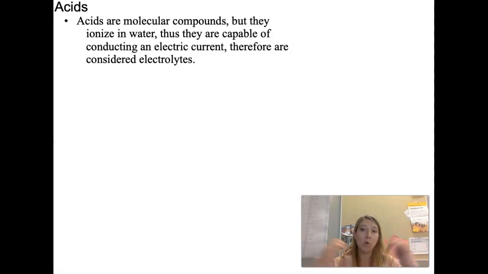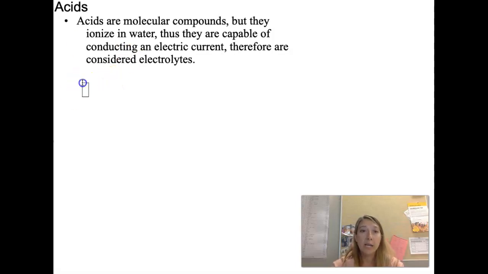They don't do it because they're already made of ions and the ions break apart. They do it because they actually undergo a chemical reaction with water. And that chemical reaction ionizes the acid and forms ions. So because, again, we're forming ions in solution, they are going to be able to conduct electricity, and they're going to be considered an electrolyte.